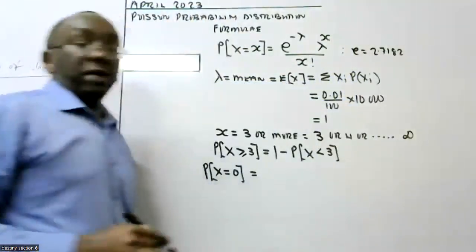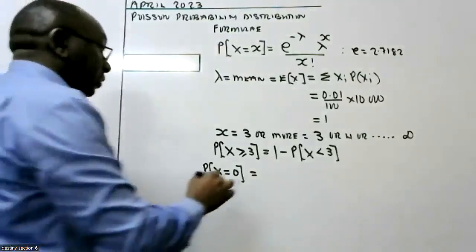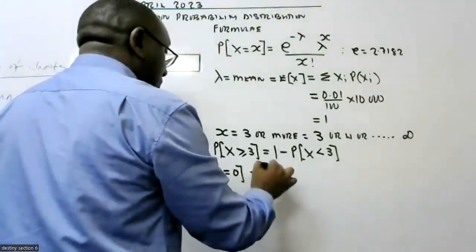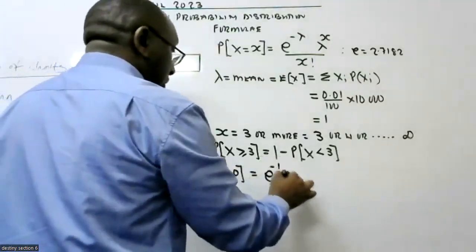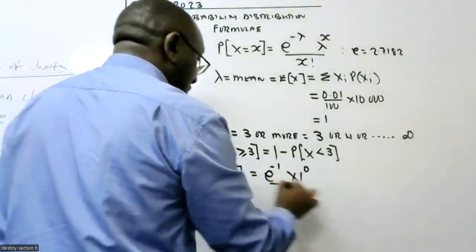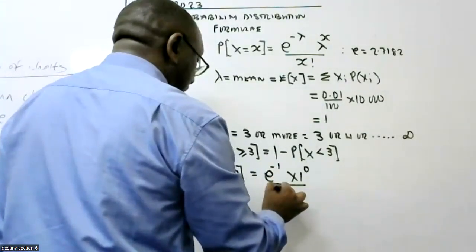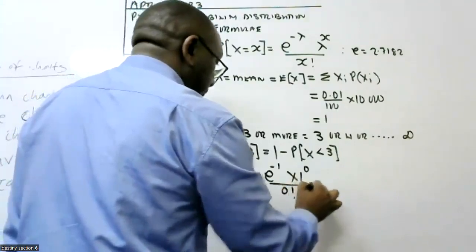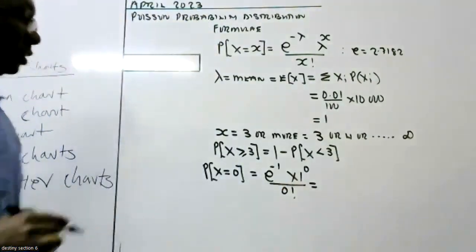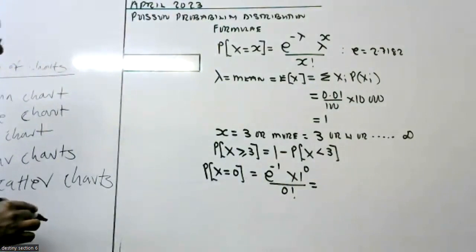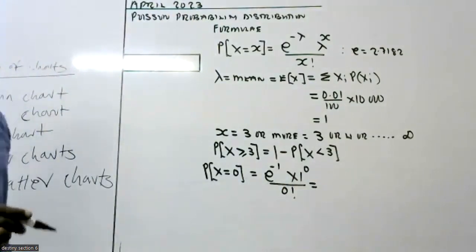So you write e raised power minus 1 times 1 raised power 0, divided by 0 factorial. Equals, give me that answer to 4 decimals.